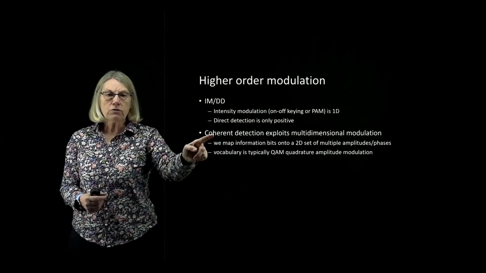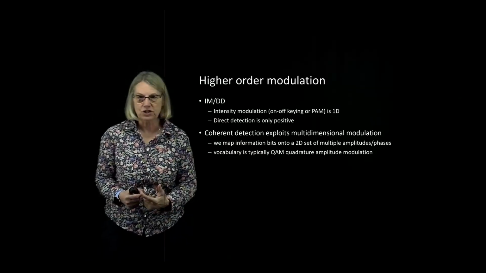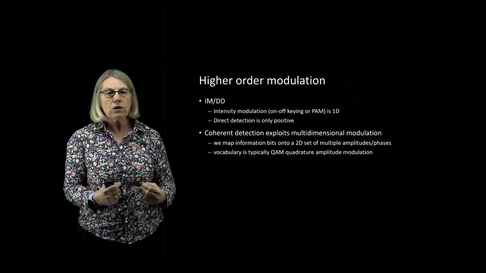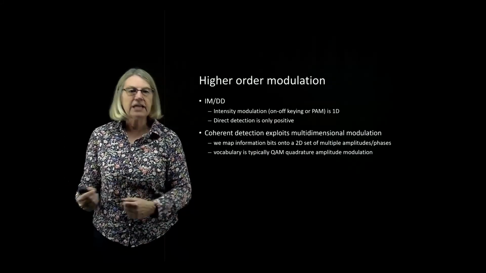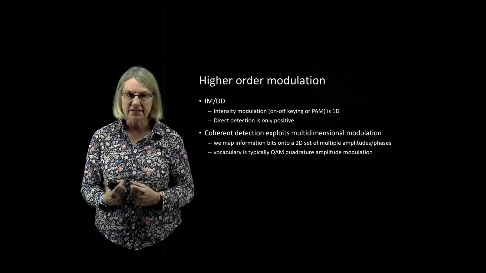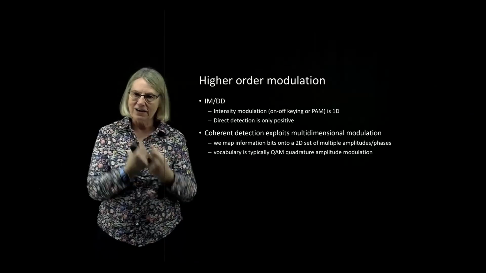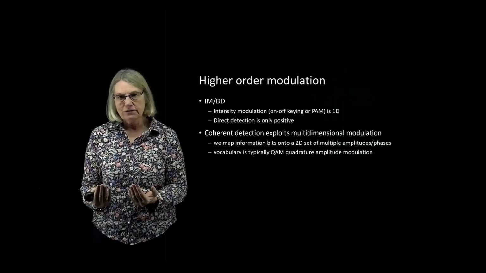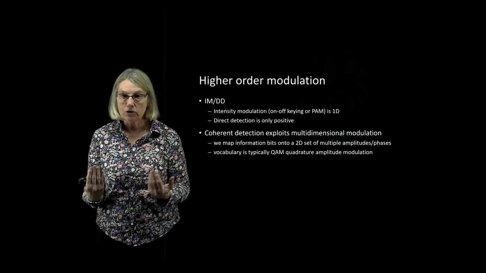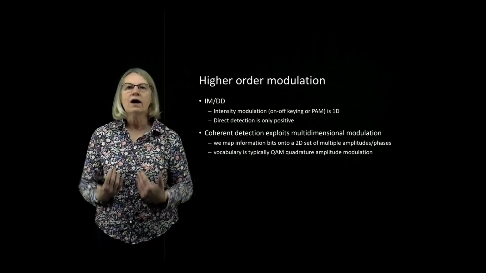solution. We go to coherent detection, and now we're getting into a multidimensional modulation format. Now we're going to take our information and we're going to map those information bits into a two-dimensional set where the two dimensions are amplitude and phase. So because I am adding another dimension, it becomes a much more powerful solution for communications, and I'm going to be able to accomplish more.